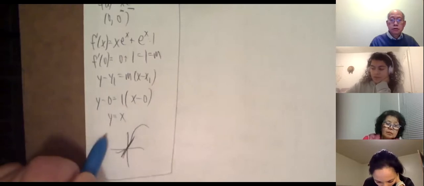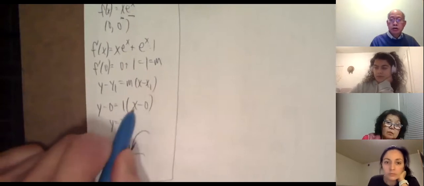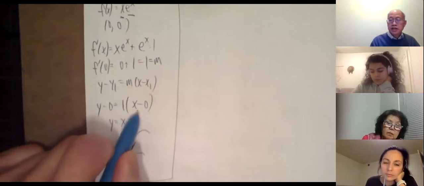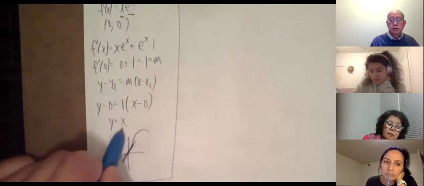But are you multiplying there the 1 times x and then minus 1? I'm changing x minus 0 to x. Anything minus 0 is the same thing. And then 1 times x is just x. So the y equals 1 would be wrong? Y equals 1 is not the same as y equals x. That's definitely wrong. So how do you cancel out the 1 from that equation there?